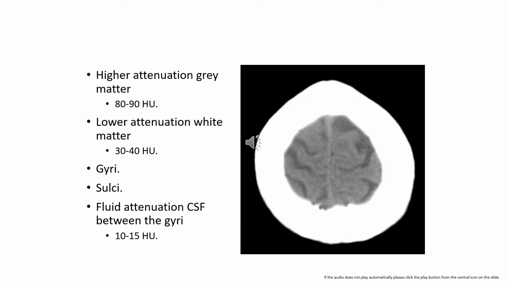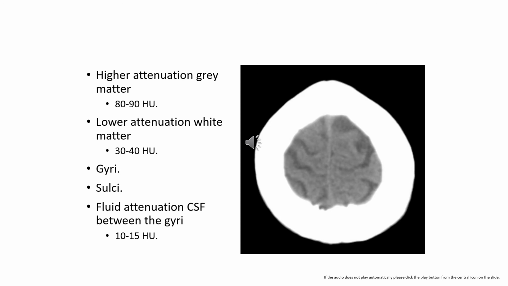Deep within the gyri, we can see the lower attenuation white matter of 30 to 40 Hounsfield units. This has a lower attenuation due to the high density of myelin with a high fat content.